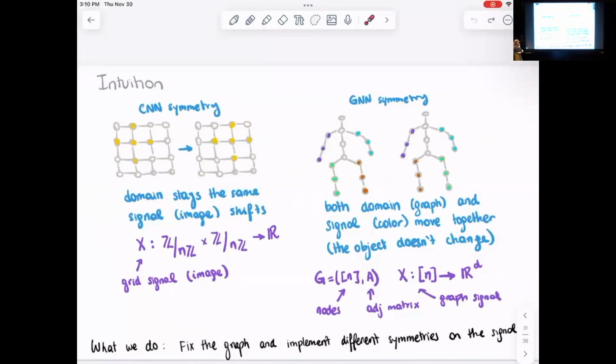And so the intuition here could be that in graph neural networks, you are permuting the domain and the signal together. Whereas in convolutional neural networks, you have a translation symmetry that fixes the domain and then translates the signal, which is the image on top of a fixed domain, which is a grid, which you can think of as a graph.